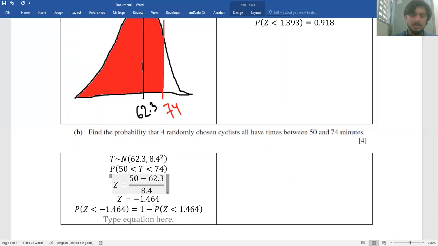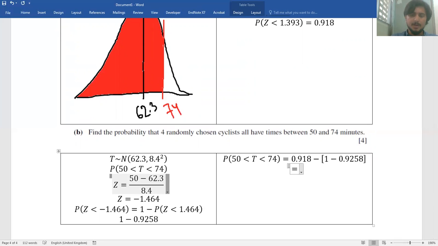So we get this as 0.9258. So the probability is 0.9918 minus (1 minus 0.9258).